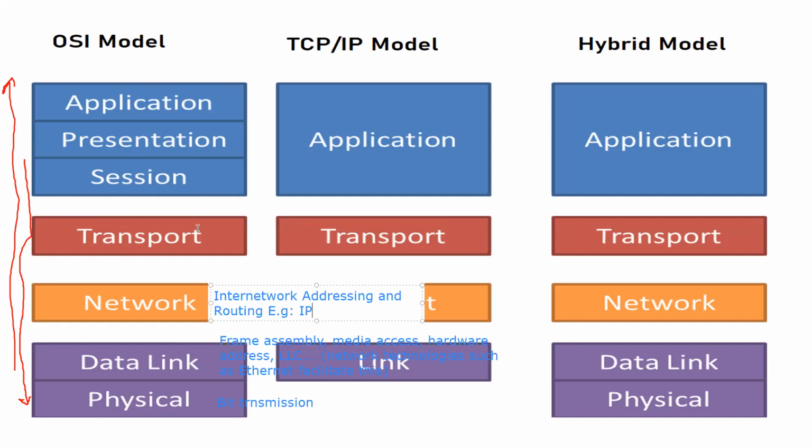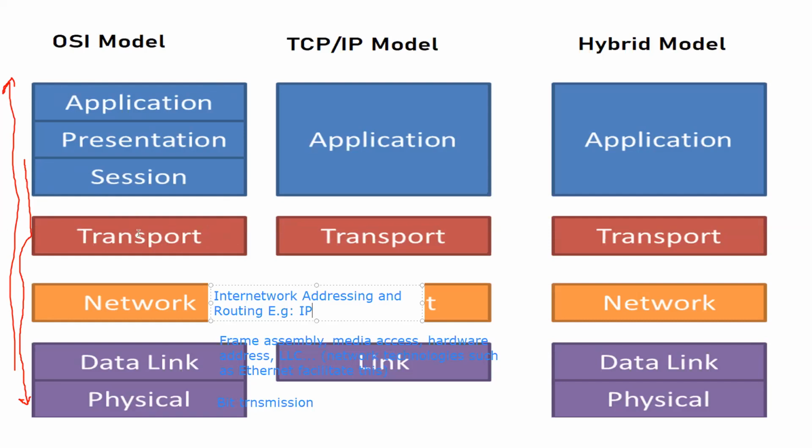That host can be a server, a client computer, a printer, a scanner, or any network device. The network device is responsible for running those layers. Due to that reason, the top four layers are called host layers. They are running on the host.